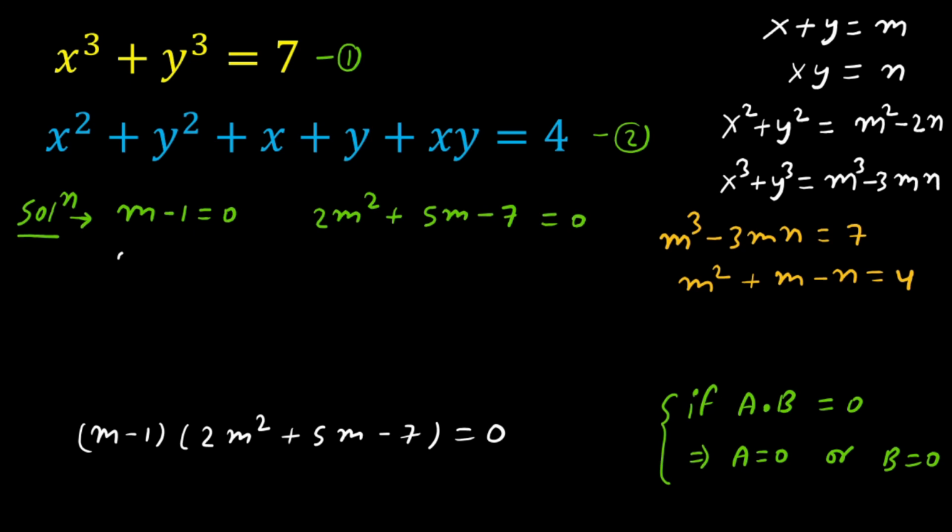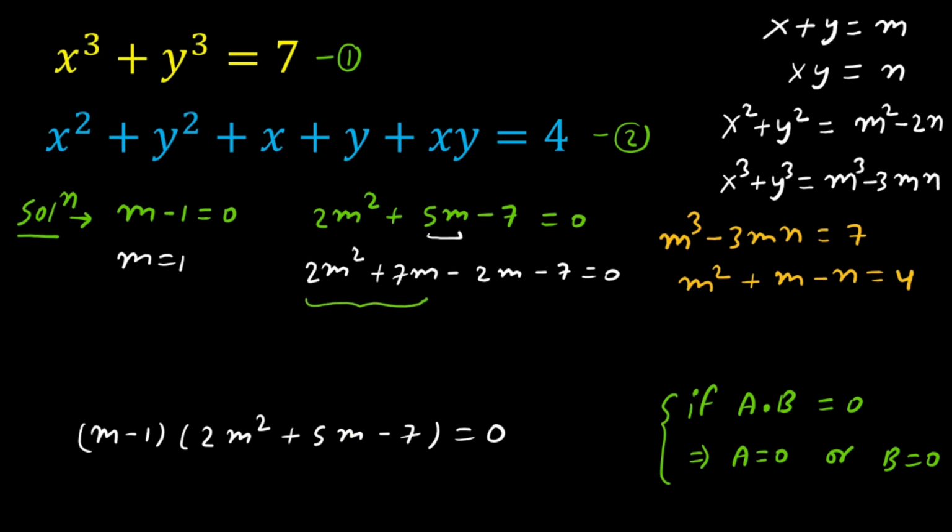Here the value of m is 1, but this is a quadratic equation in terms of m. We will apply middle term splitting to find the value of m. Then 2m^2 + 5m is the same as 2m^2 + 7m - 2m - 7 = 0.